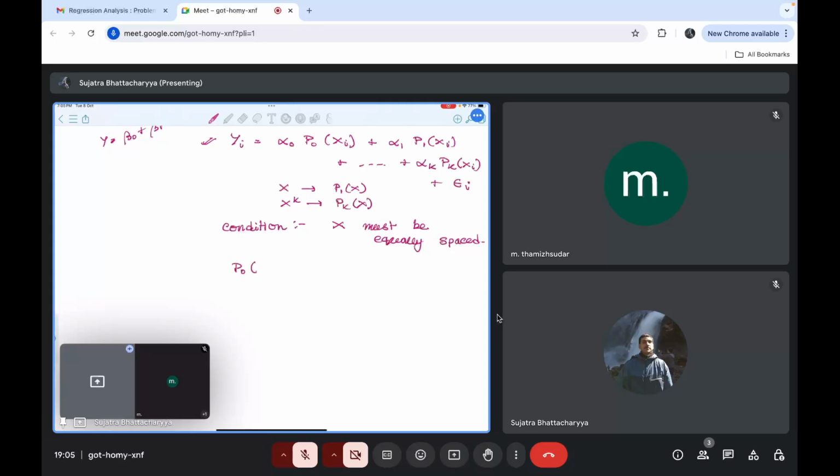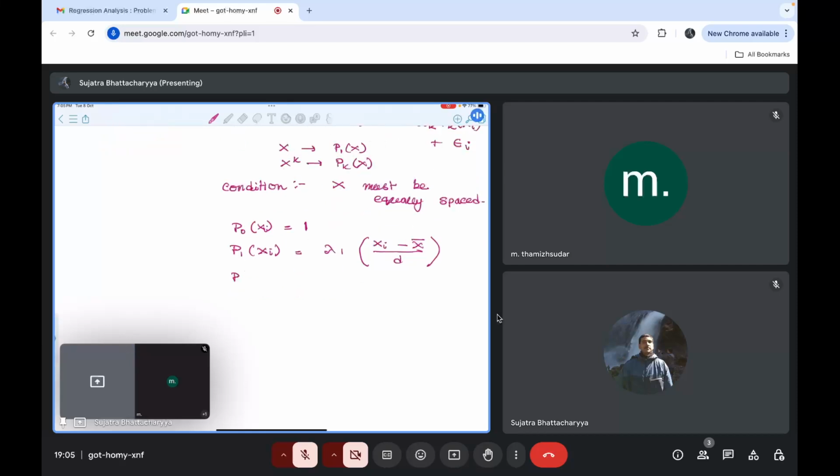P0(xi) is equal to 1. P1(xi) is equal to lambda 1 times (xi minus x bar) divided by d. I will come to it. What is d? What is lambda 1? In the upper part you will understand that xi is the actual data set and x bar is the mean.